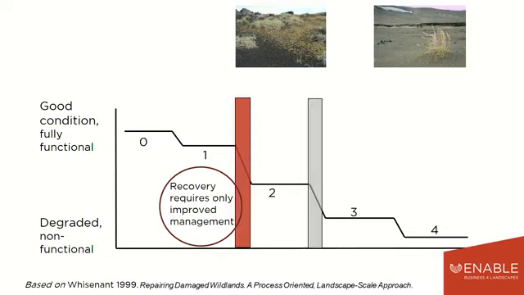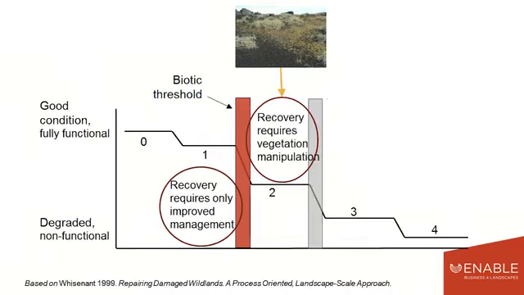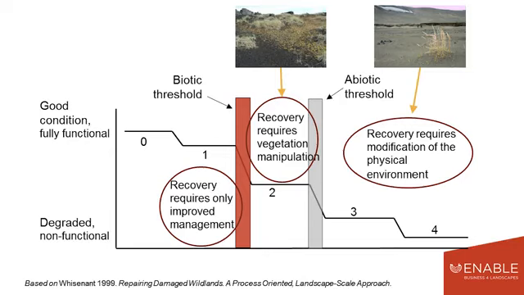Two main types of thresholds or obstacles to self-repair of damaged ecosystems have been identified. These are biotic thresholds, such as competition, grazing, or lack of pollinators, and abiotic thresholds, such as lack of nutrients, soil erosion, or frost heaving.